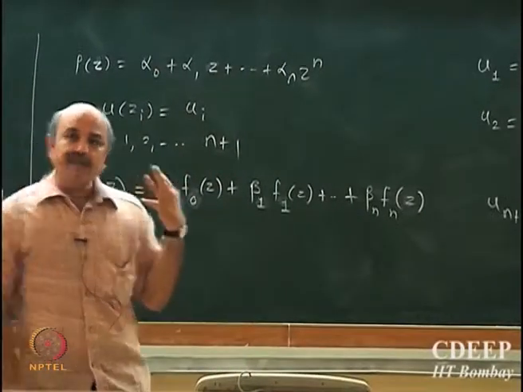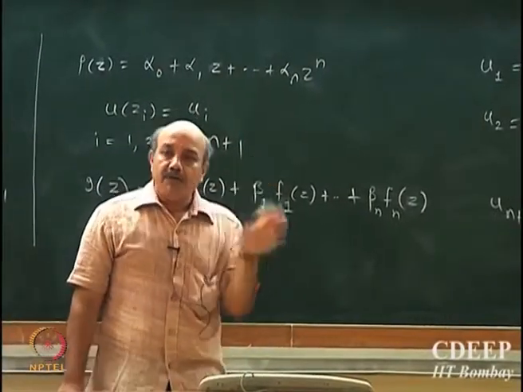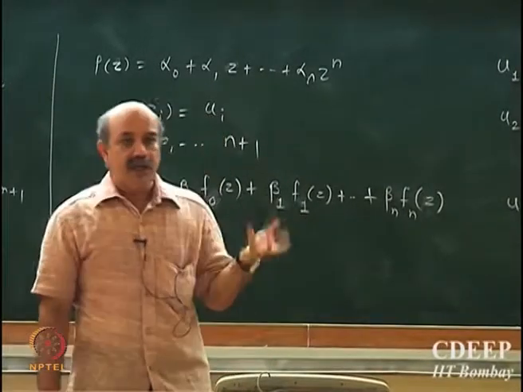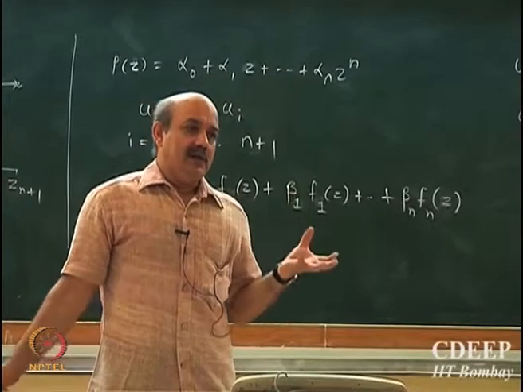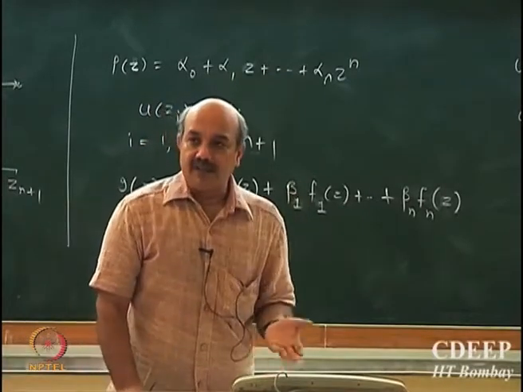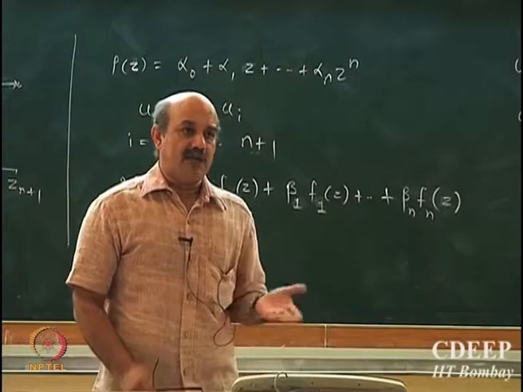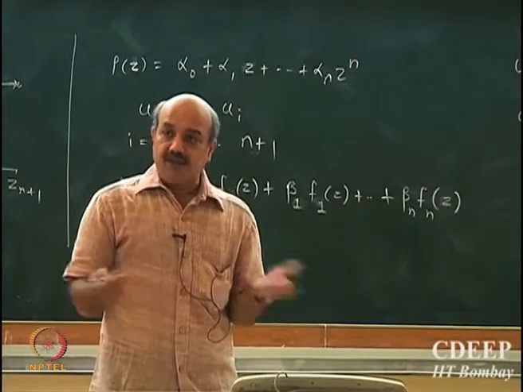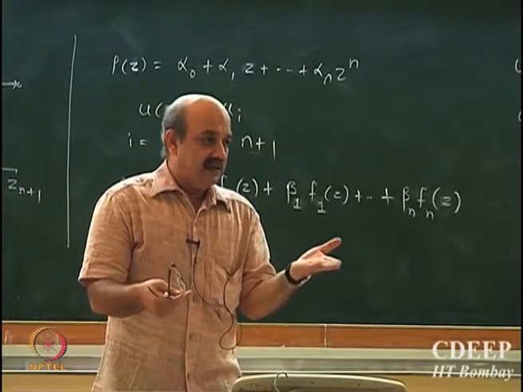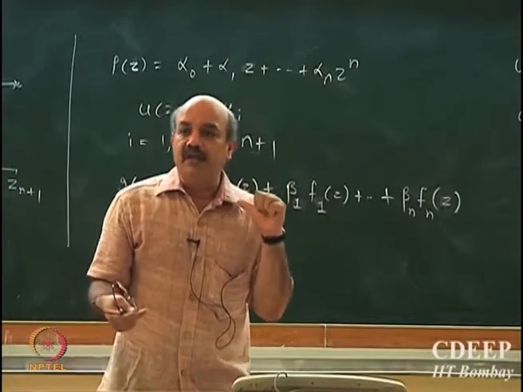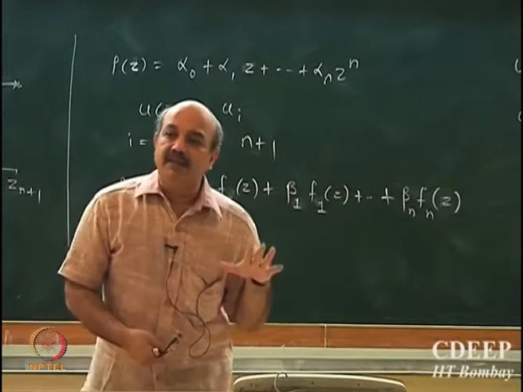So my aim is now to convert a boundary value problem or a partial differential equation into a set of either algebraic equations which have to be solved simultaneously, or in some cases differential equations that need to be solved simultaneously. We have seen several cases, right? What is going to be different here is how we approximate the derivatives.